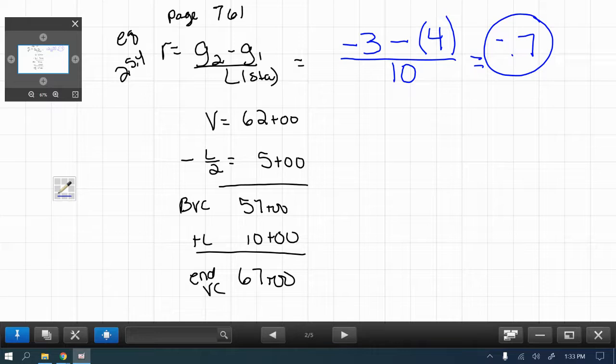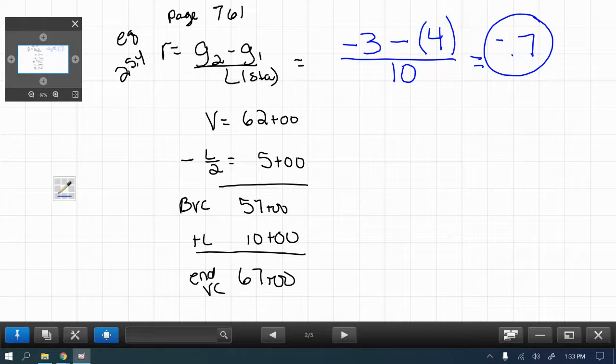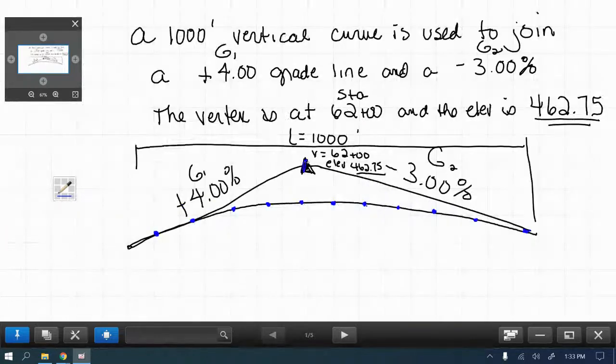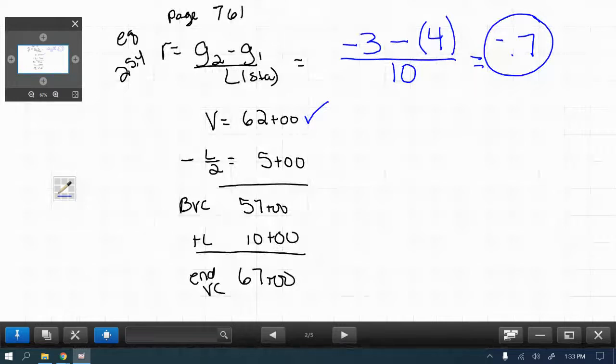All right. Next thing, I want to get my station numbers. So it's the station number at V, so that was our V right here, minus L over 2.